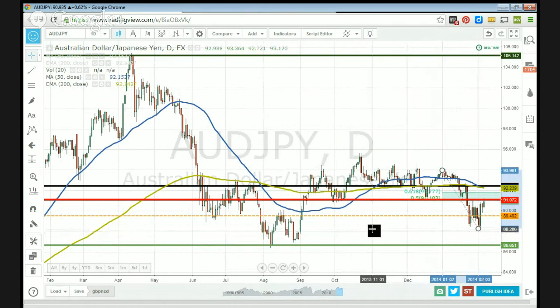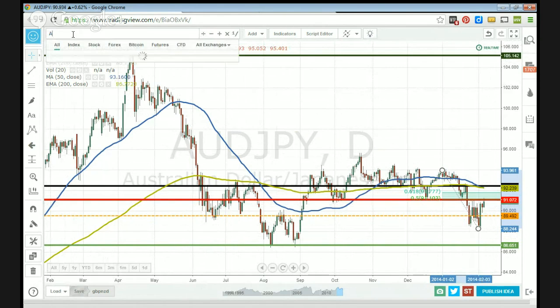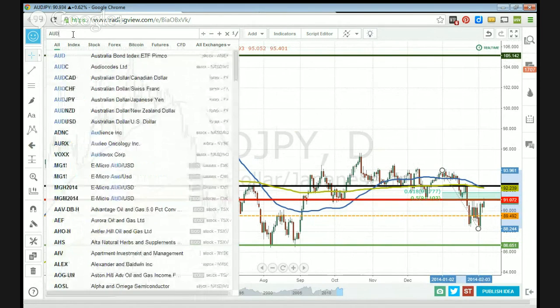We'll see how price action, how this candle closes, but shorting Aussie yen I might try that again. So I think there's still more opportunities to short the Australian dollar.